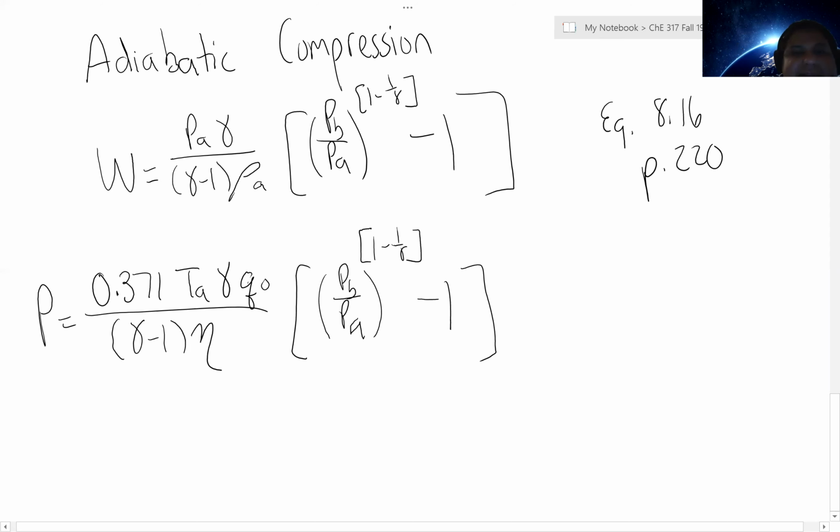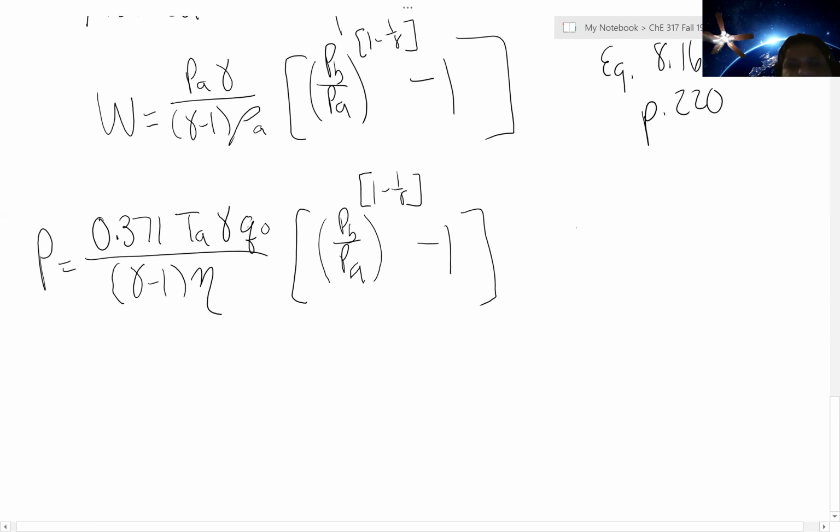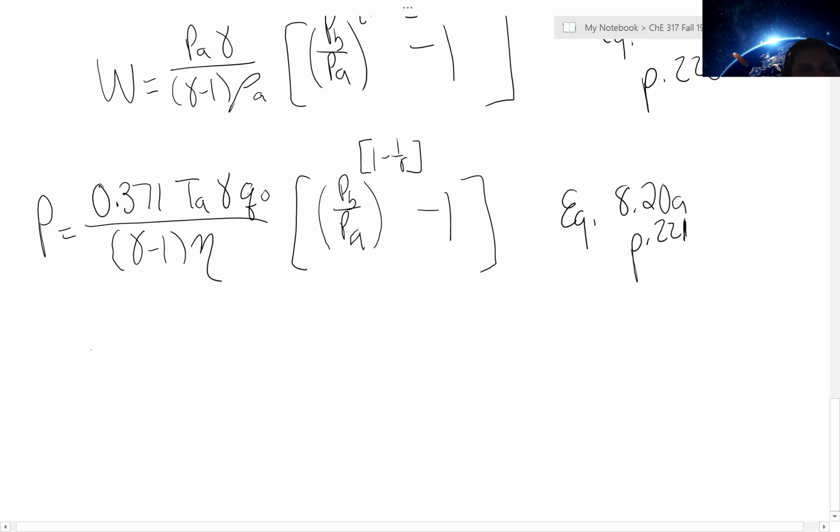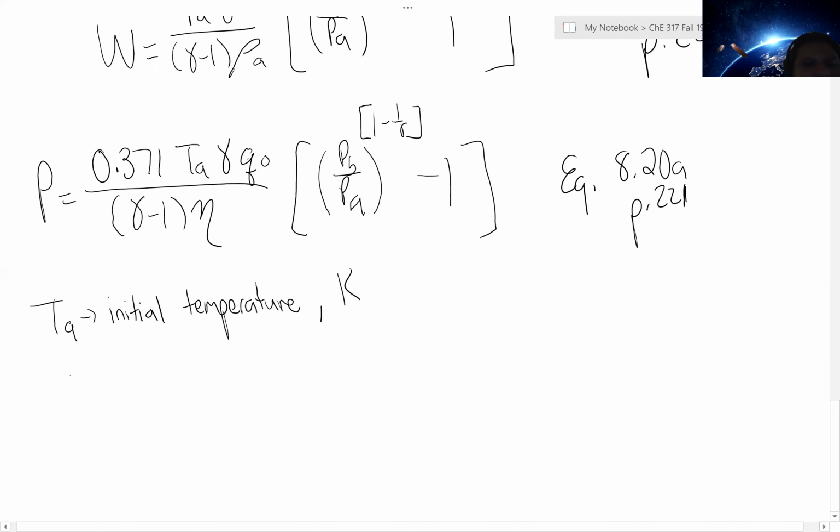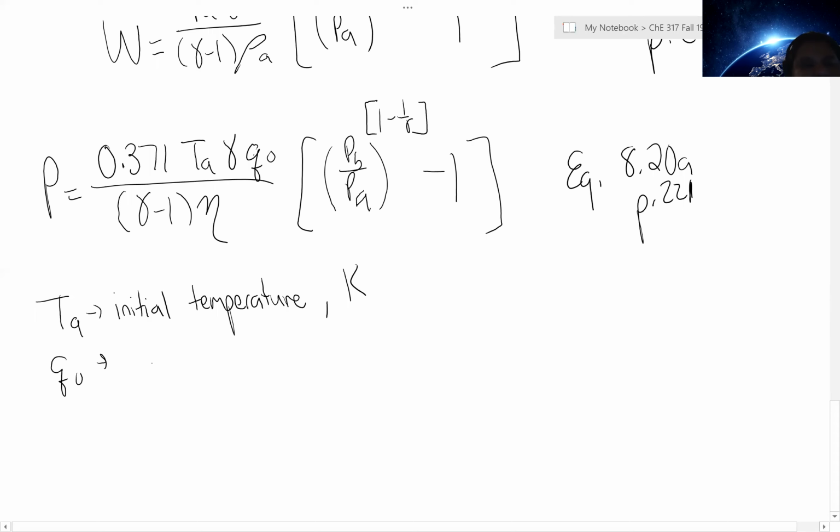Now you'll notice this one has a constant which serves to correct for some units. And so TA is temperature but it must be in Kelvin units. Q naught is your initial flow rate.